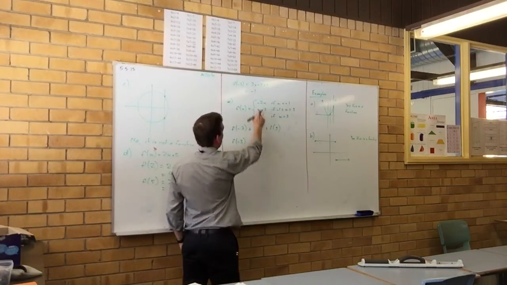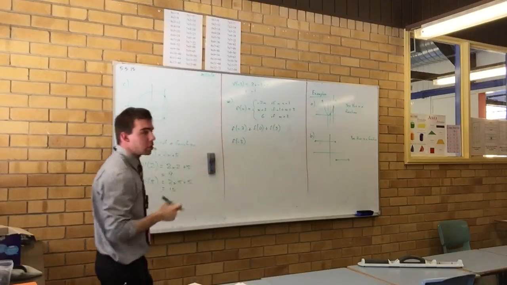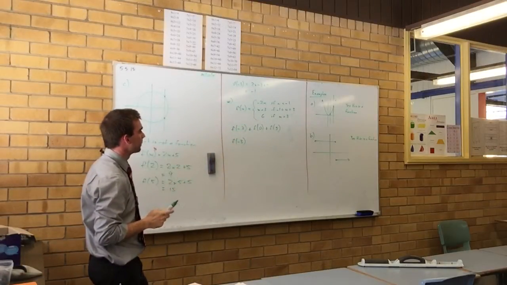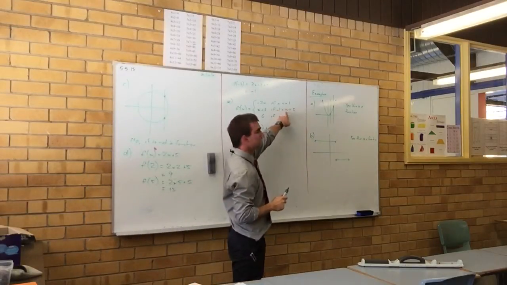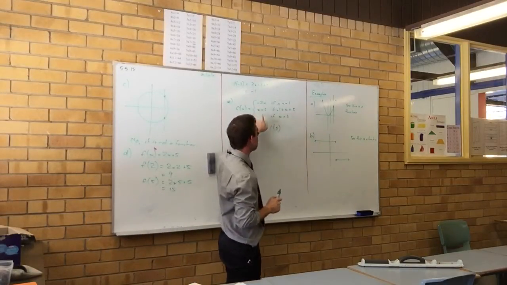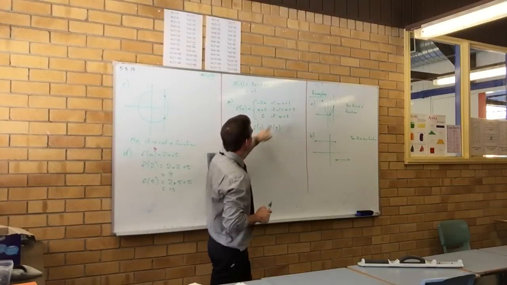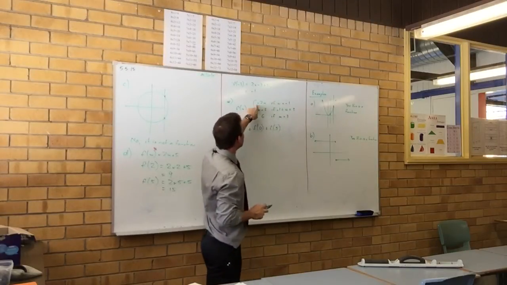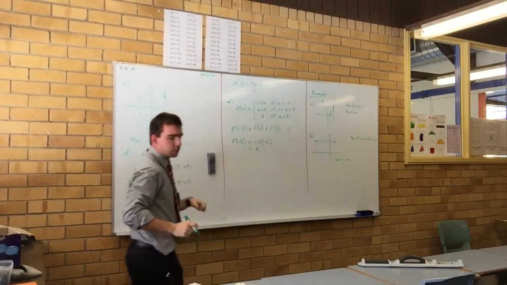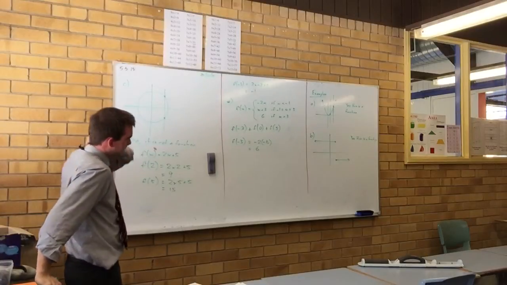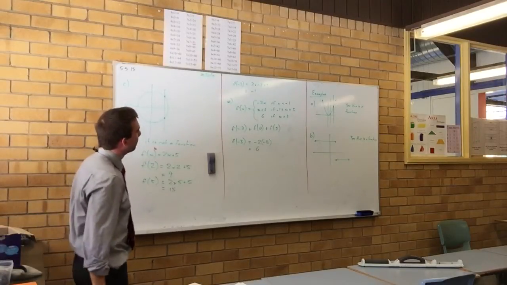Which of the three equations would I be using? We're looking at the domains. These are the domains for the specific graph. So -3 is less than -1, so that's my equation, which will be -2 lots of -3. 2 negatives make a positive. 2 times 3 is 6.